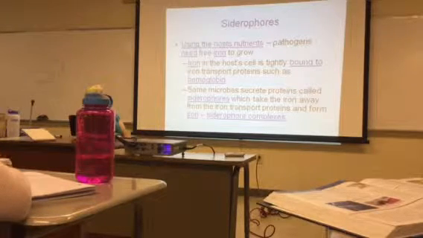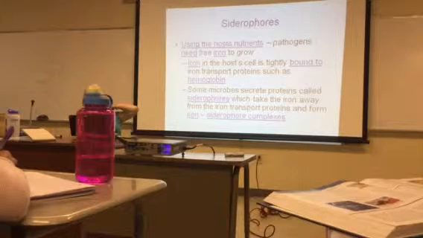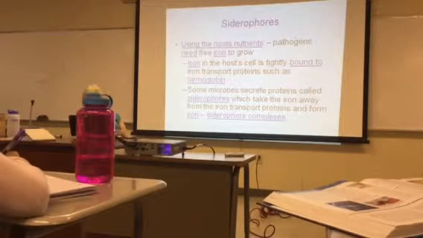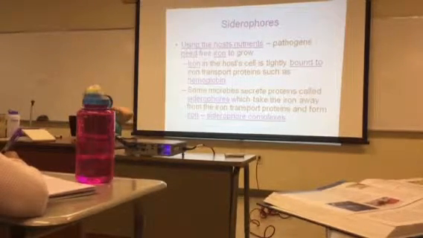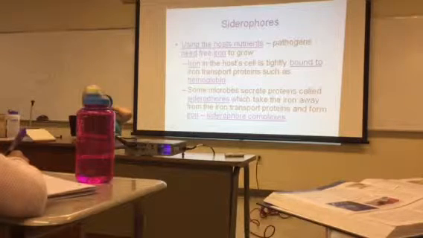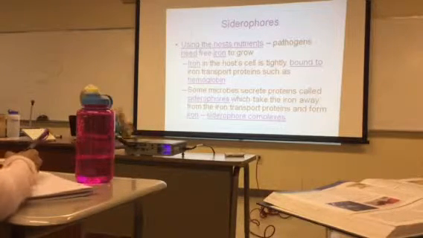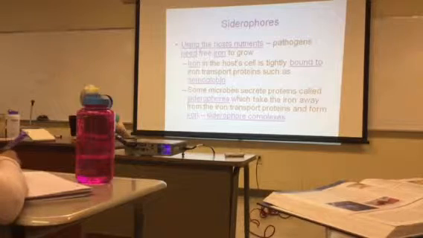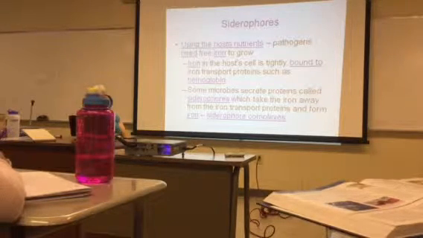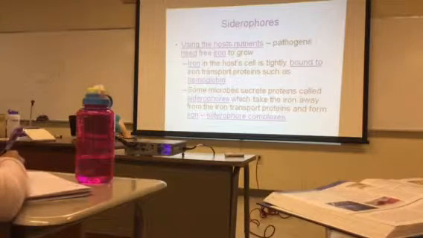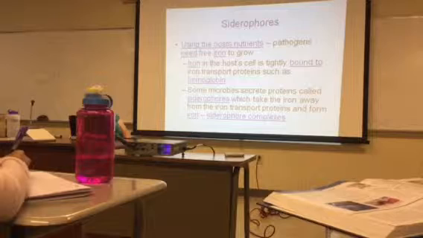So some microbes, since they need that iron, secrete proteins called siderophores, and these can take the iron away from the iron transport protein and form an iron siderophore complex. So it can take the iron from the host cell and make a complex that this pathogen is going to be able to use.